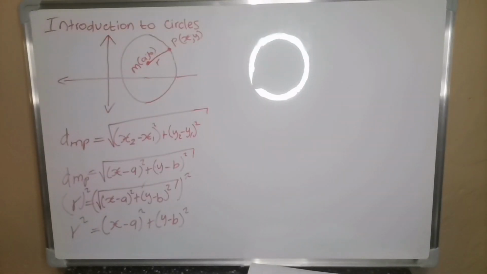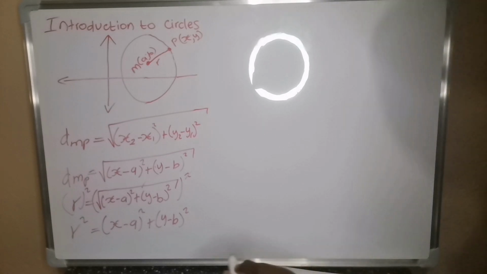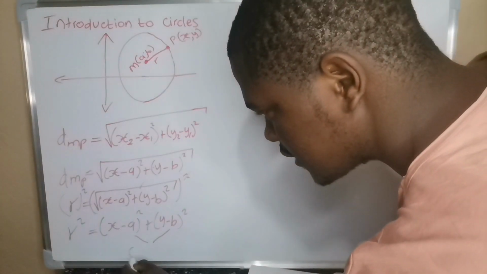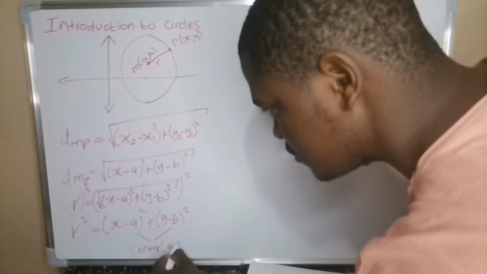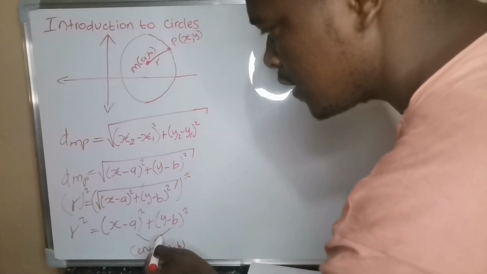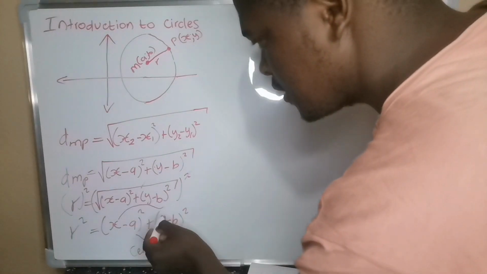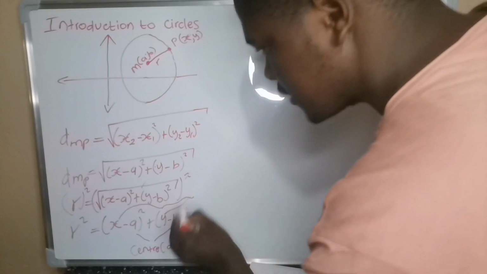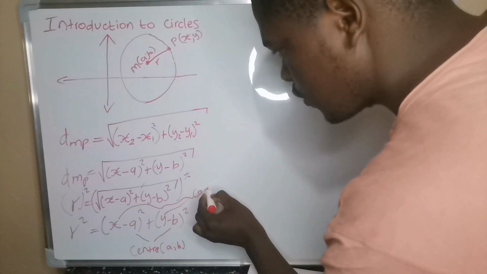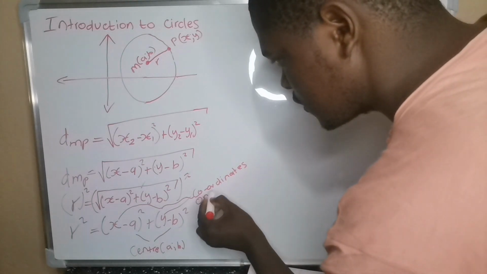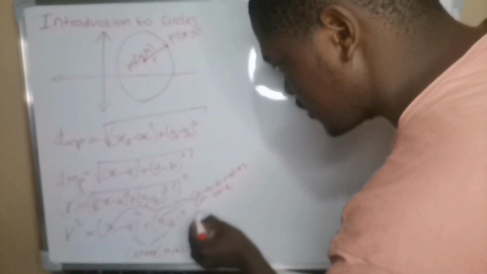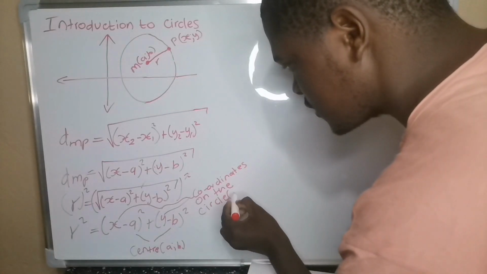I hope you can see it, guys. So now you know your a and b are the coordinates of the center, A and B. Then x and y are just coordinates on the circle, or circumference.